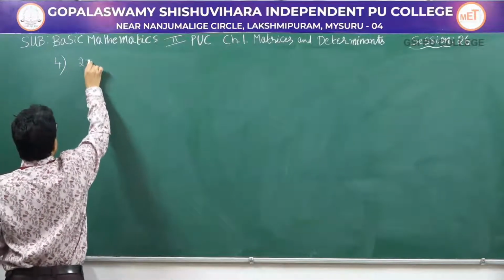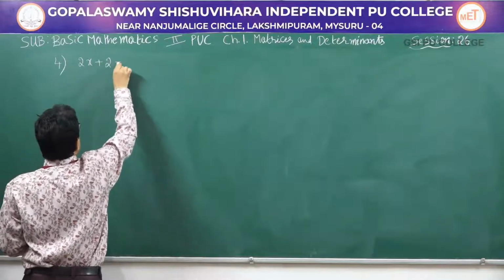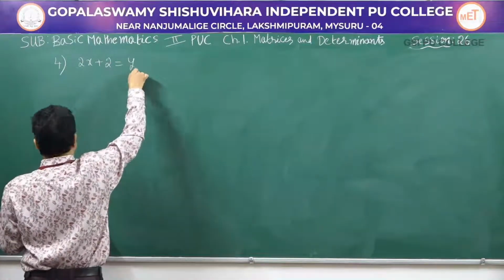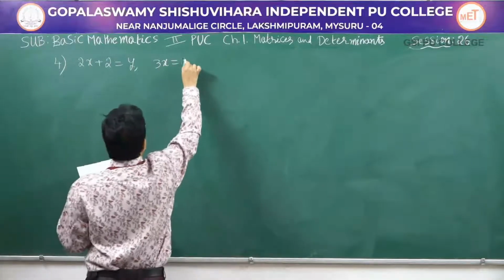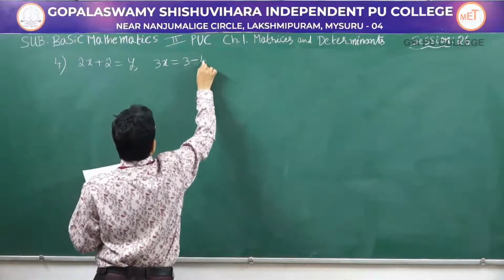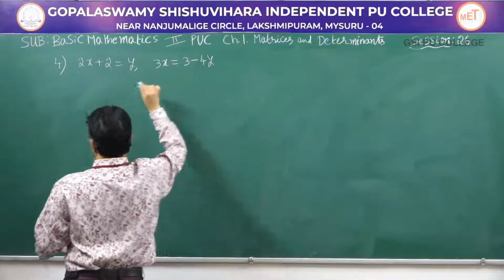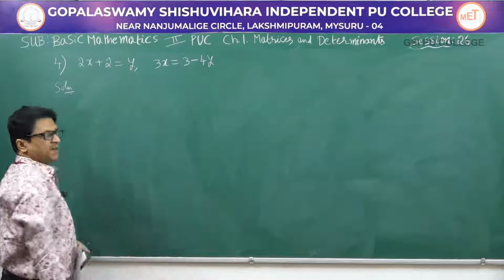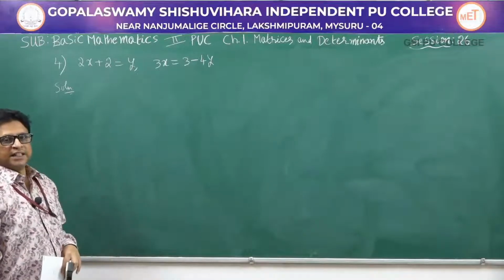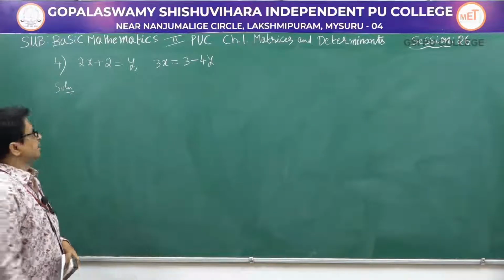Next problem, 2x plus 2 equals y. 3x equals 3 minus 4y. Solution. So the given equations should be written in a proper order.